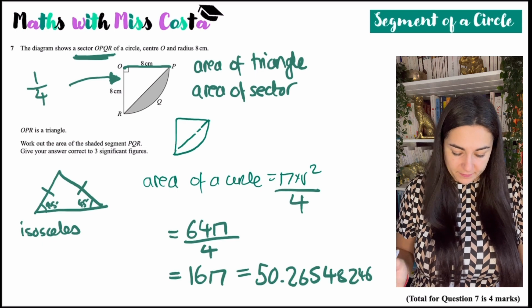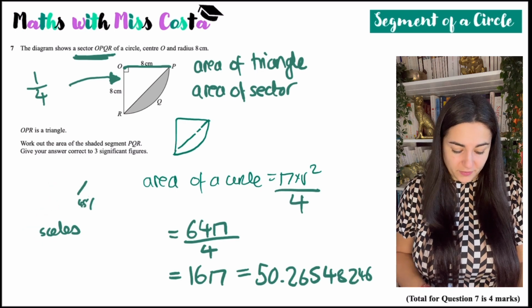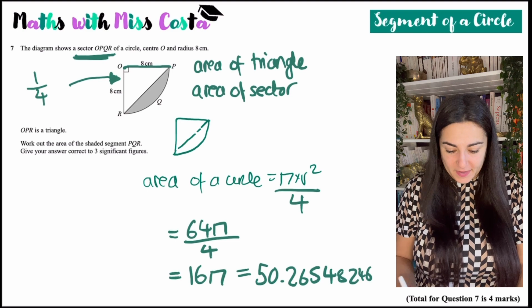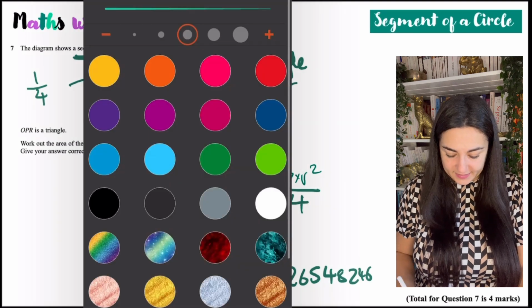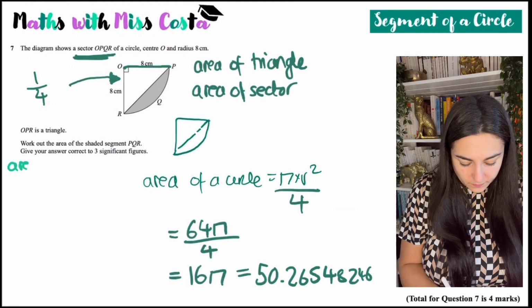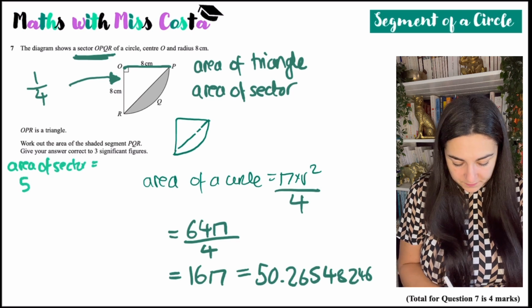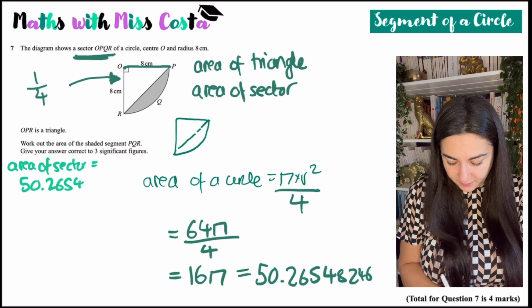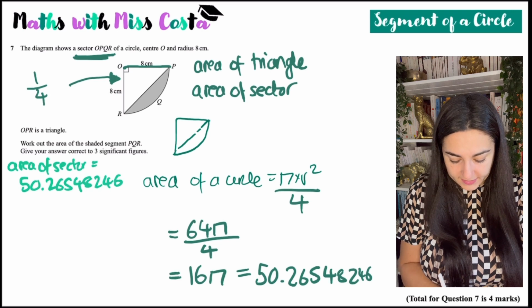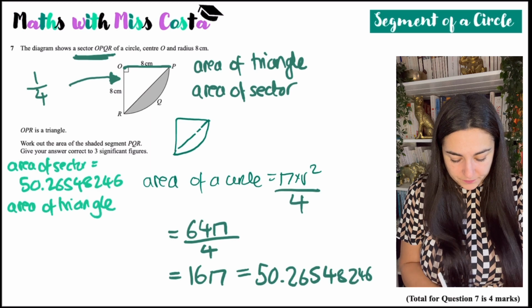Okay, so the area of the sector, looks like we're not going to need that isosceles thing. The area of the sector is 50.26548246. Now what we need to do is work out the area of the triangle.